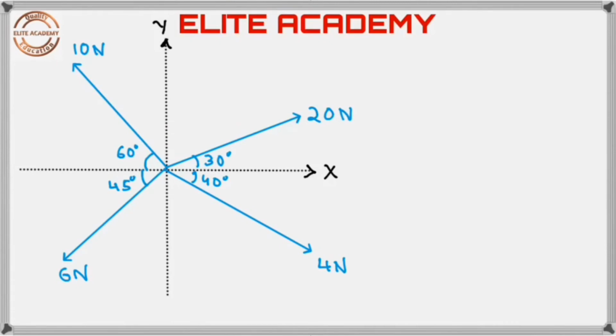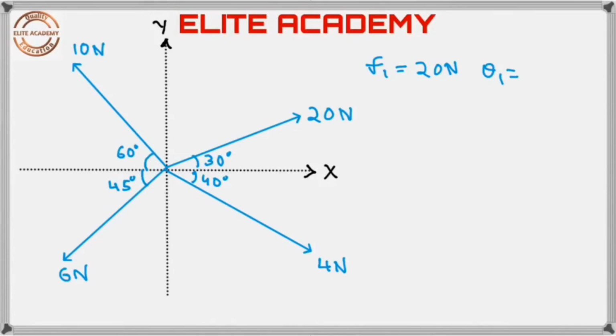Consider a coplanar concurrent force system. We have 4 forces in this example: 20 newtons, 10 newtons, 6 newtons and 4 newtons, and the inclinations of these forces are as shown in the figure. The first force F1 is 20 newtons. It is making an angle of 30 degrees with x-axis.